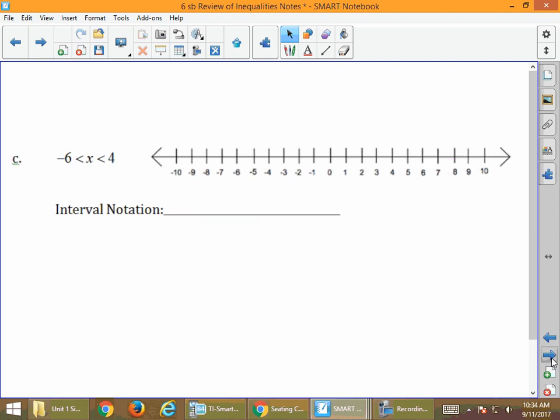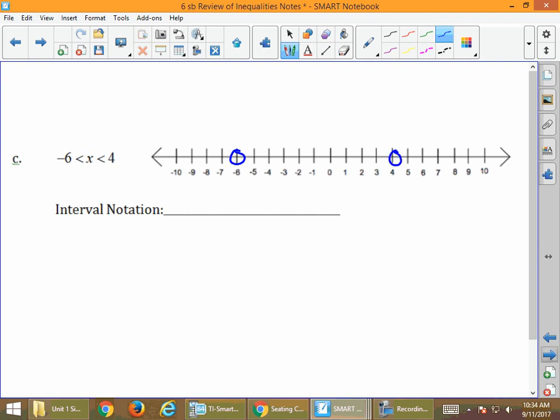Letter C. -6 is less than x is less than 4. In other words, x is between -6 and 4. The nice thing on this one is that neither one of those values has an equal. So we're going to have an open circle on the -6.